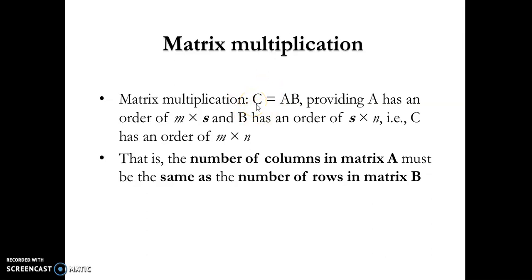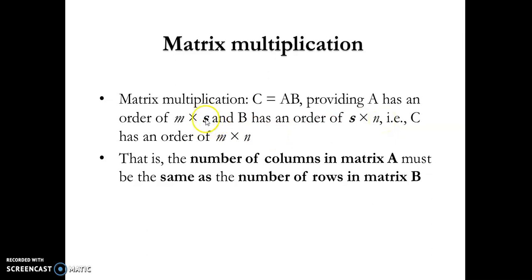But the only way in which that can occur is if matrix A has an order of M by S, so M rows by S columns, and matrix B has an order of S rows by N columns. So what do you notice?